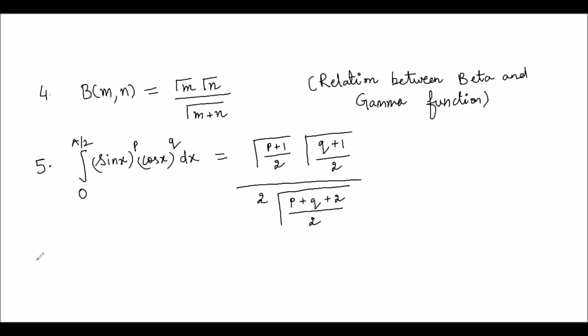Now the next property has the special name gamma duplication formula. This is known as gamma duplication formula. What is the result here?